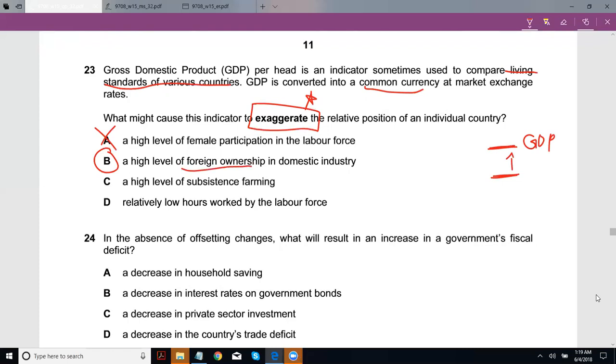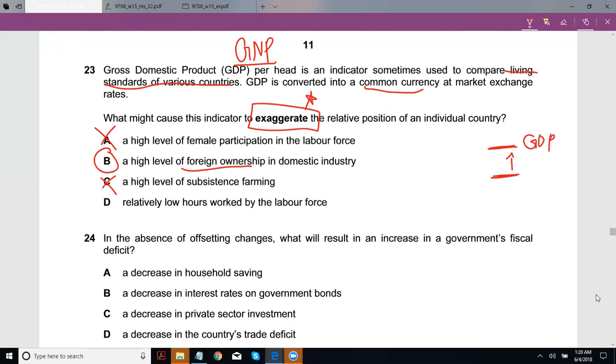And that could work because if foreigners have a high level of ownership in your domestic industry, the GDP would just include that output in your calculation, and it would be like, oh, it's so high, when in reality it's not yours. It's owned by foreigners, and they're going to take the dividends and all of it. If it had been GNP, then this problem wouldn't have been there. But with GDP, it doesn't really account for net income flows from abroad.